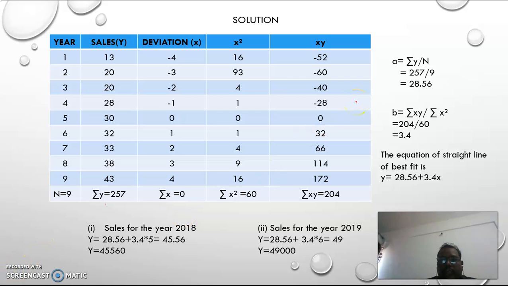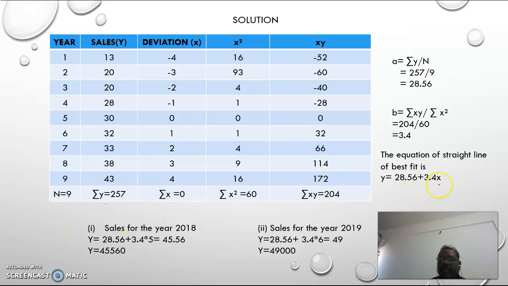To find the value of a, we use the formula summation of y upon the number of periods, which comes to 28.56. Similarly, we find the slope of the line using summation of xy upon summation of x squared, which comes to 3.4. So the equation of the straight line of best fit is y equals 28.56 plus 3.4x.